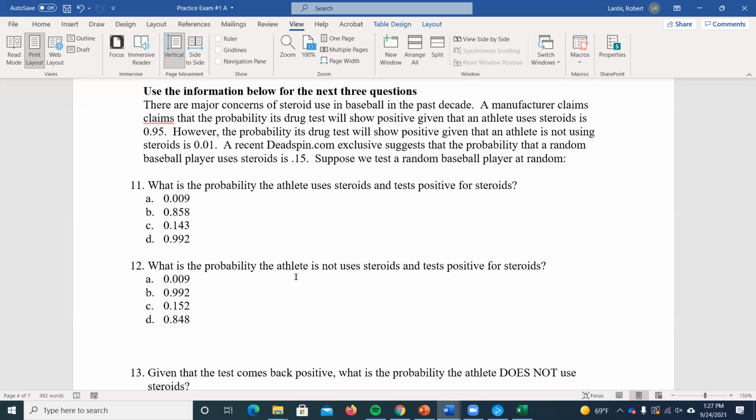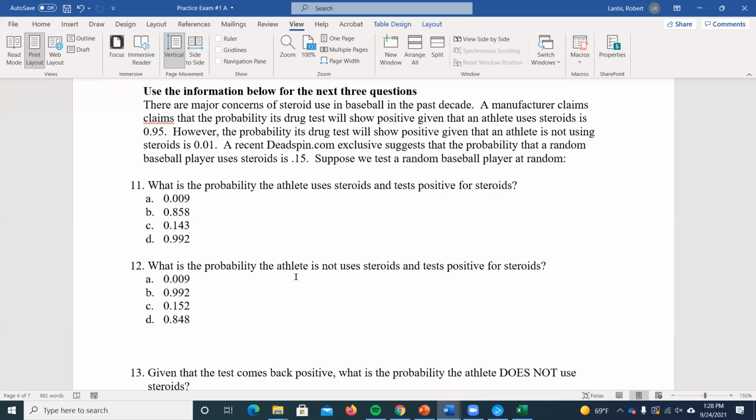Take the number of people not using who got a positive test result, divided by the total number of people who got a positive test result. If we add these together, that's everyone who got a positive test result. That would be our denominator. What would our numerator be? It would just be people who are not using and got a positive test result. So all I'm going to do here is 0.0085 divided by 0.0085 plus 0.1425.